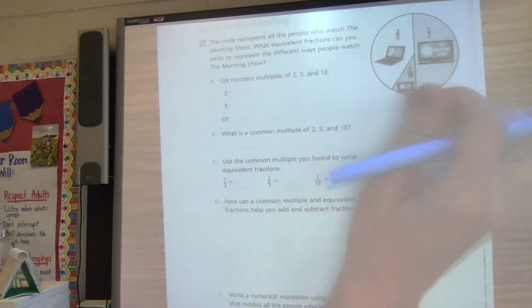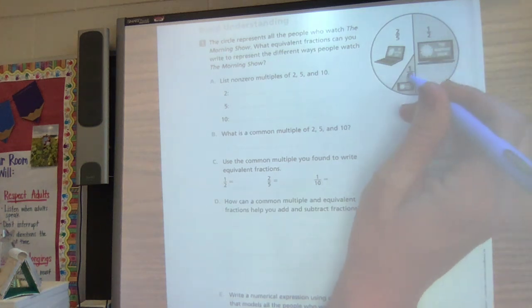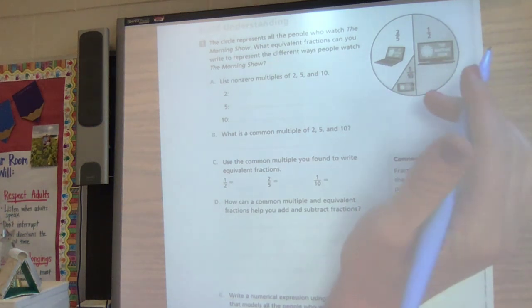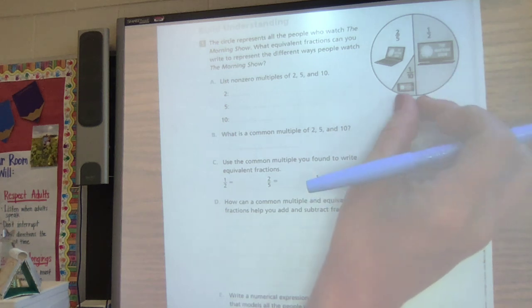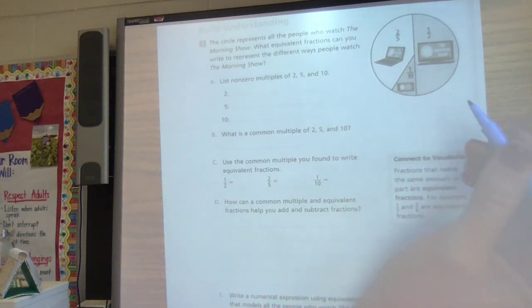Most people use their TV, don't they? Then computer, the fewest use their phone. And see how the fraction 1/10 is the smallest one. It's the smallest piece because it's cut into more pieces.